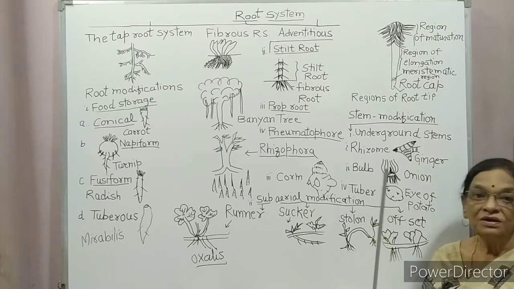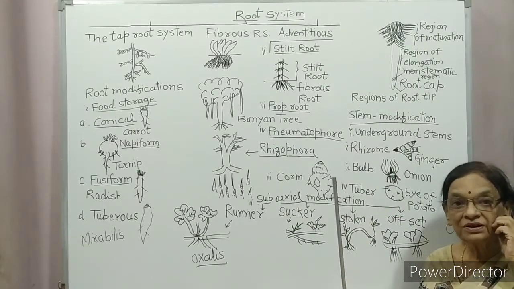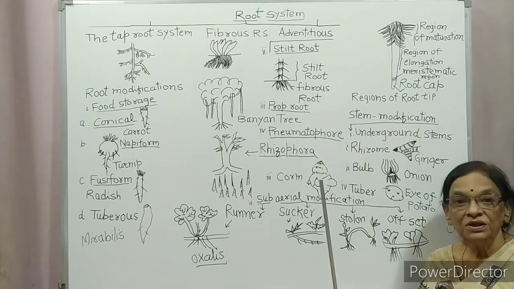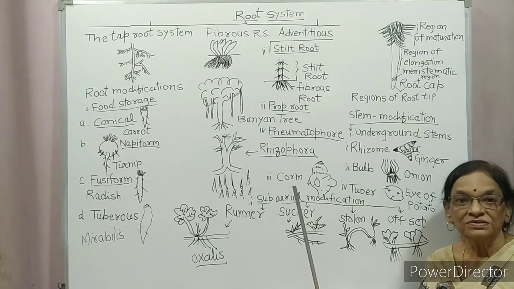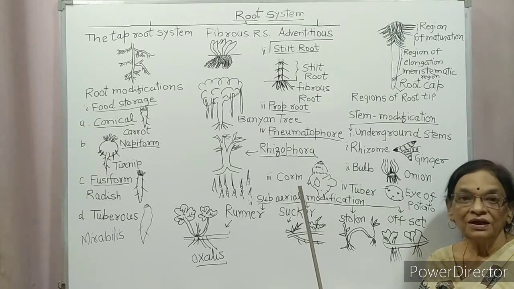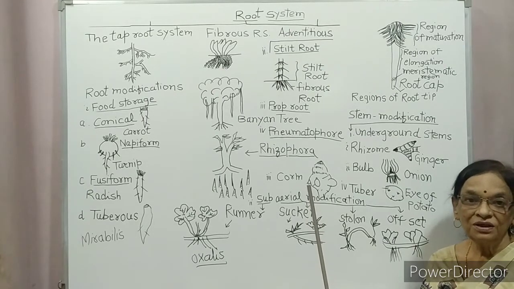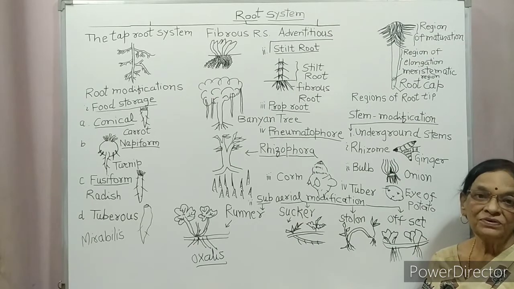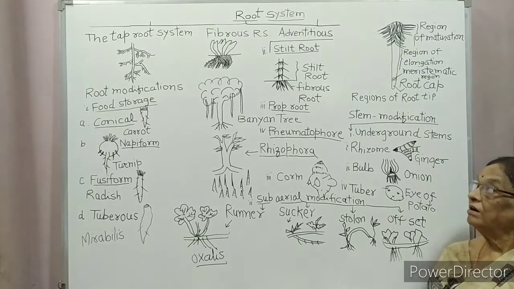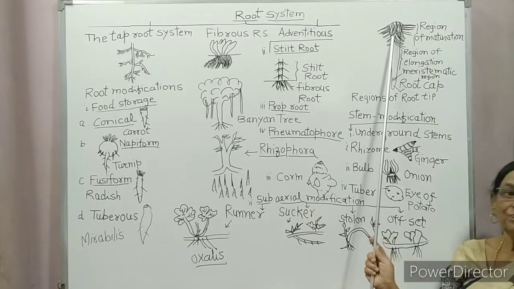Third is the region of elongation. Now the newly formed cells, which are smaller in size, elongate and become larger. So it is called the region of elongation. After the region of elongation is the region of maturation.